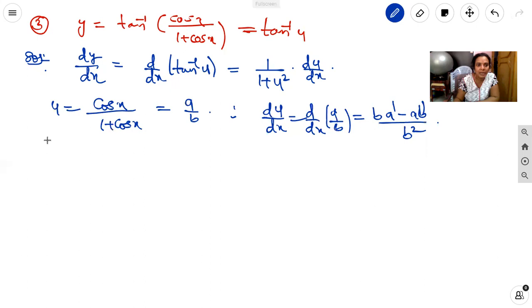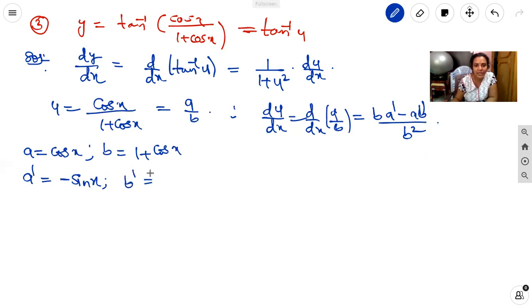So here a is equal to cos x, b equal to 1 plus cos x. The derivative of a is a dash equal to minus sin x. The derivative of b is b dash, the derivative of 1 is 0, and the derivative of cos x is minus sin x.